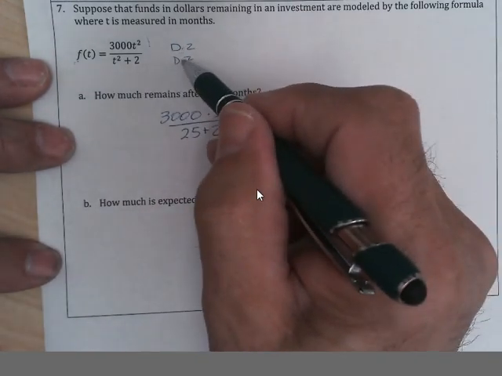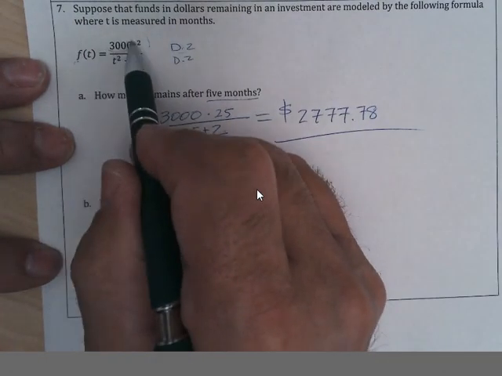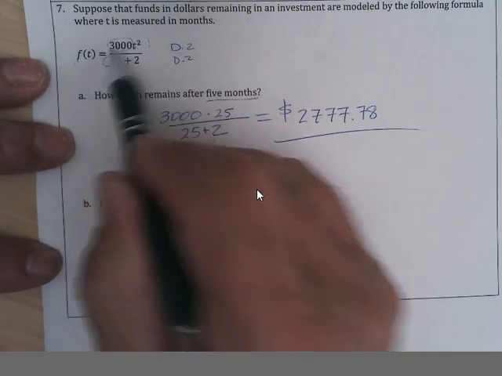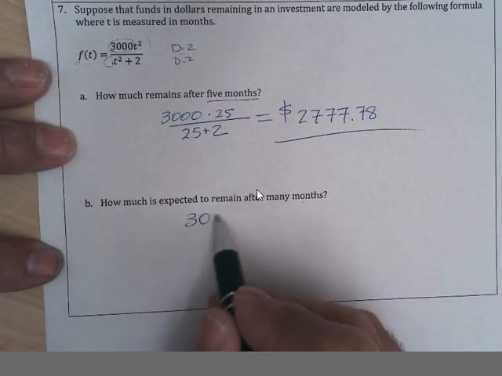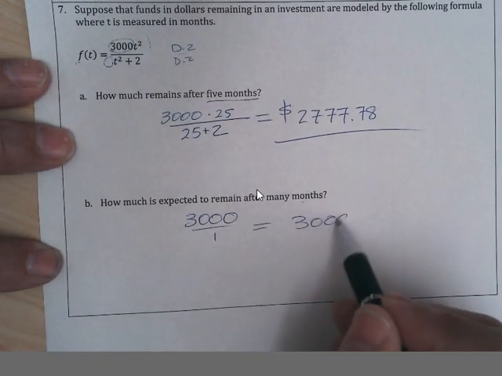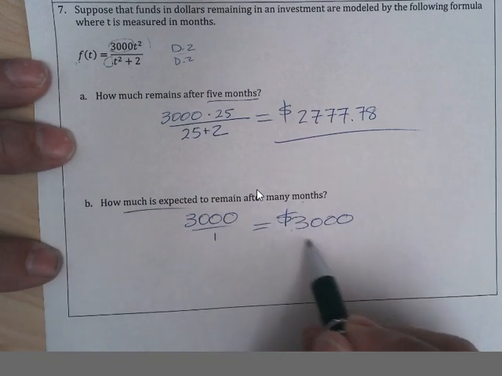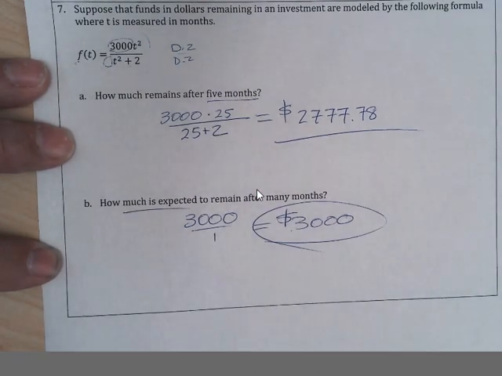Since the degrees are equal, it goes to the ratio of leading coefficients, which is 3,000 over 1, which is 3,000. And this is how much is expected to remain here, dollars. So it's going to approach 3,000 after many months.